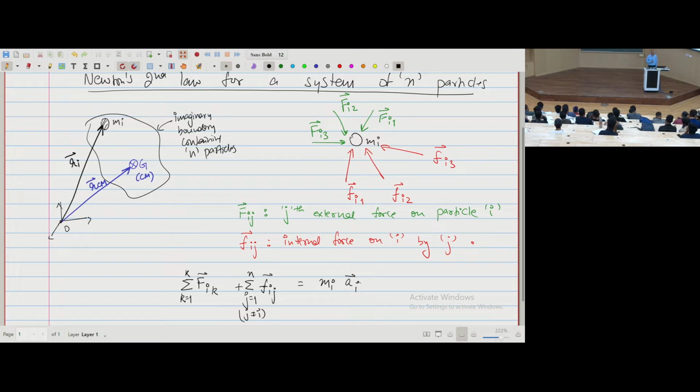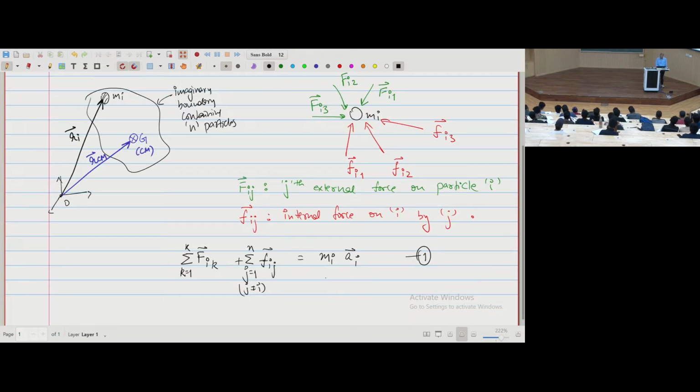And this sum of all the forces acting on the ith particle is equal to the mass of the ith particle times its own acceleration. Since we have the position vector written here, this a_i can be written as the second derivative of r_i.